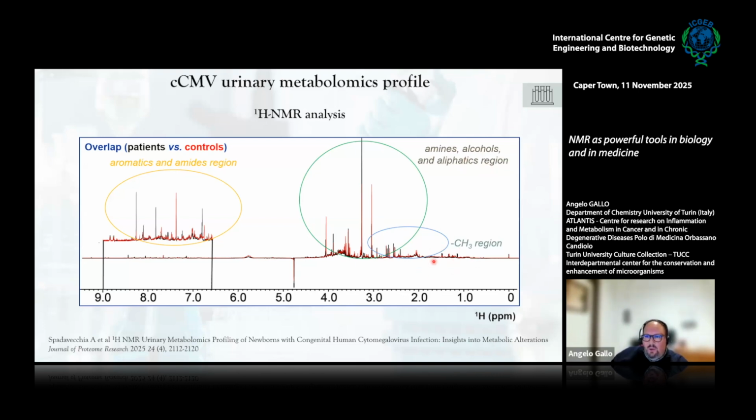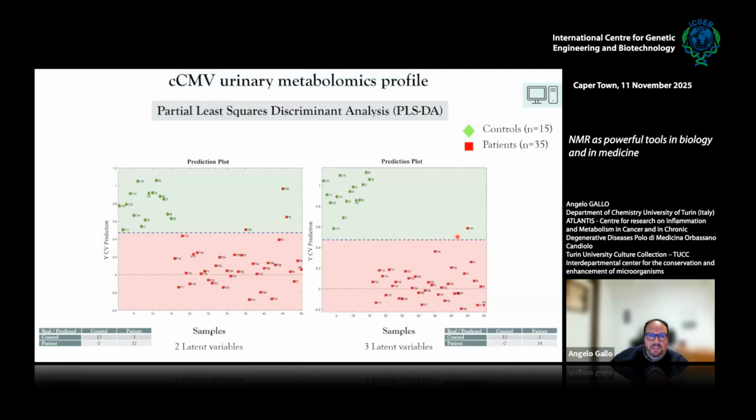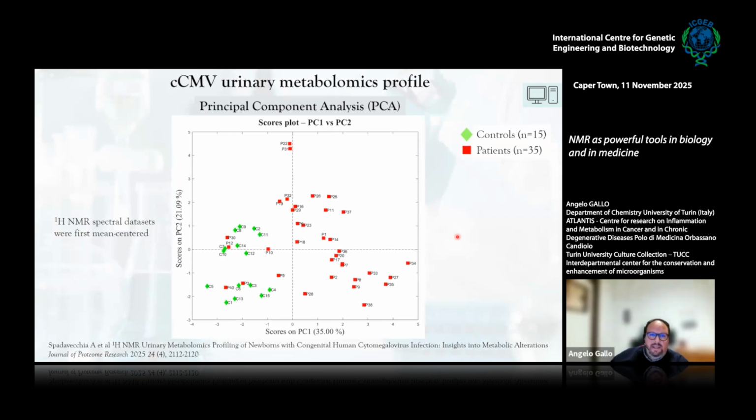Okay. We were able to identify 55 metabolites. Most of them were used in the analysis. Obviously, we reference our experiment to the TSP, and we apply the typical protocol for urine sample. And immediately we performed the PCA analysis. We were a bit surprised in the PCA analysis because there was some kind of separation already.